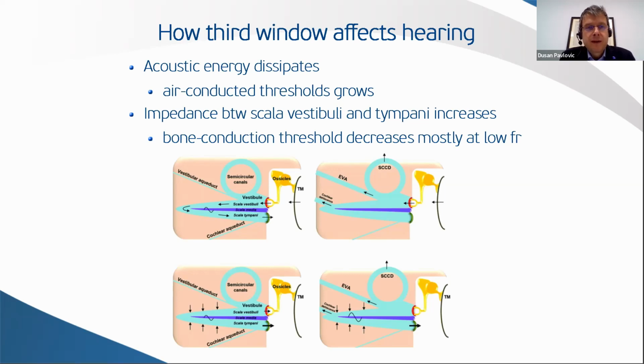The hearing is actually diminished because the acoustic energy dissipates through the dehiscence, so the air conduction thresholds are bigger. And on the lower graph, you'll see that the bone conduction thresholds are actually better than normal.